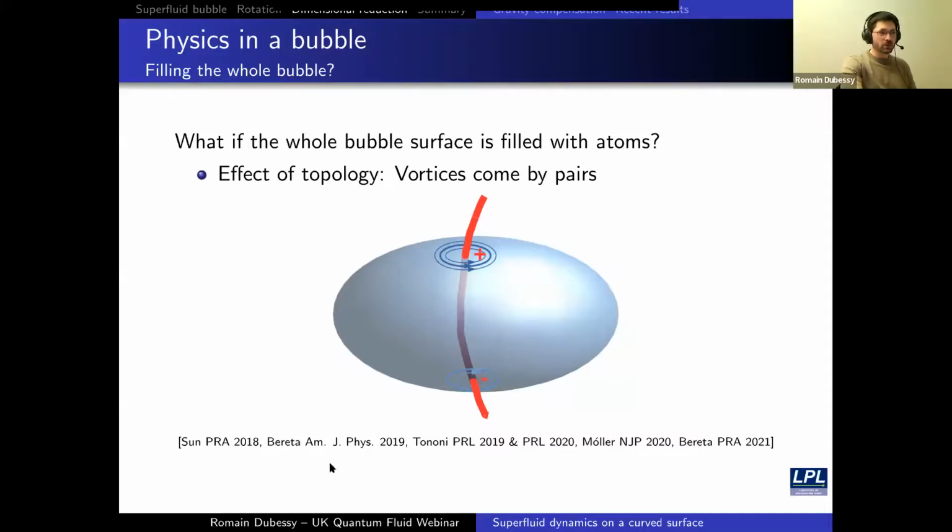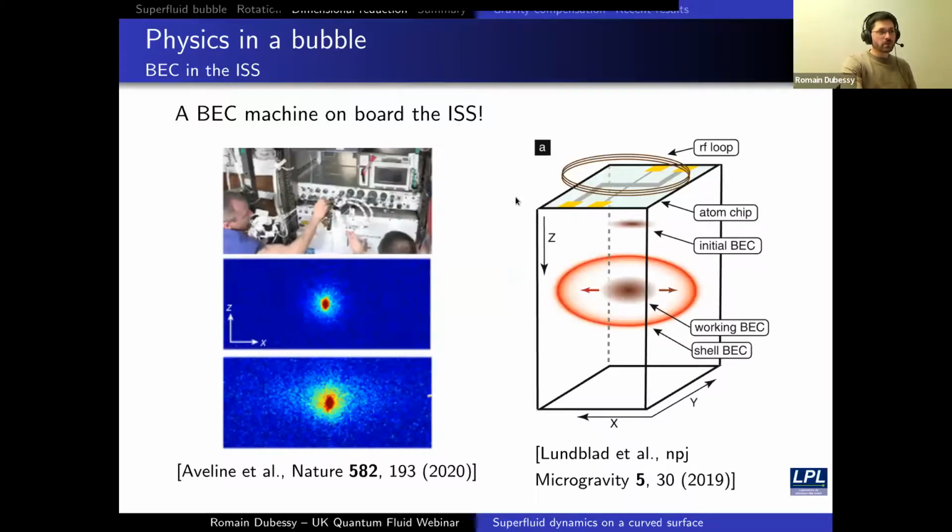This has triggered many recent theoretical works studying superfluid properties on closed surfaces. It is also triggered by the fact that there is now a BEC machine on the International Space Station, where one experiment is the prospect of making a shell-shaped trap for a BEC, taking advantage of the low gravity environment on the ISS.